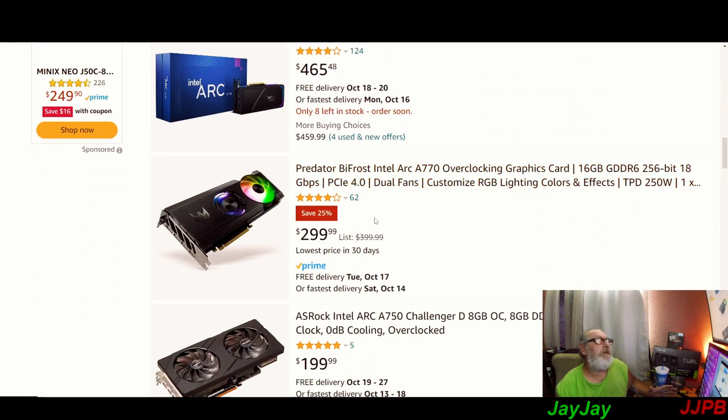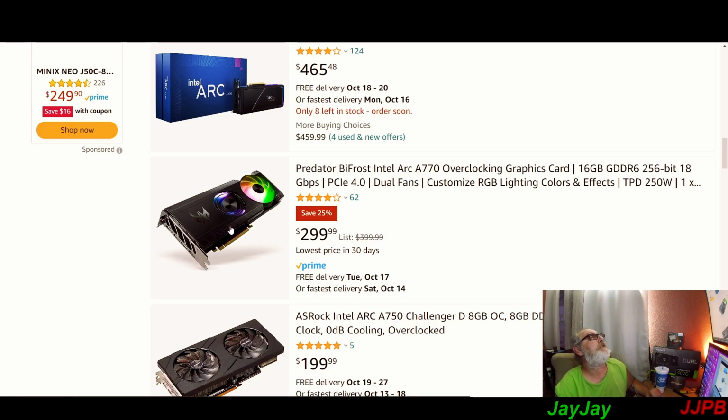For $300, you can get 16 gigabytes, for $100 more. So you go from 200 to 300. Okay, flat line, $300, you get the A770, 16 gig.